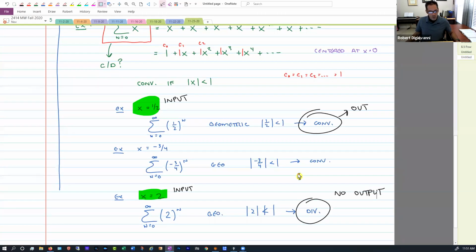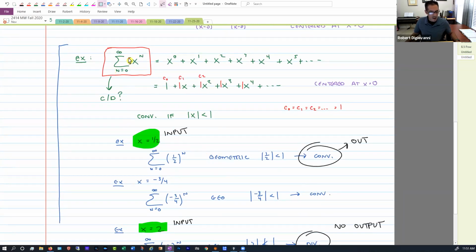So if we really wanted to, couldn't we look at this in red as being a... What are things that we've dealt with in our life where we have inputs and outputs? Functions, right?